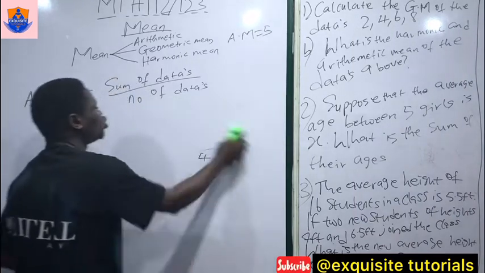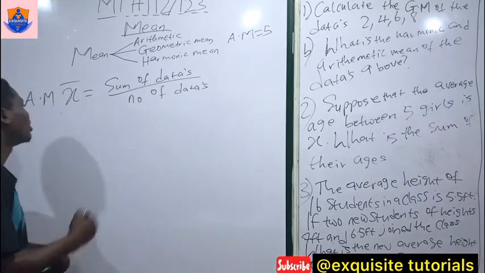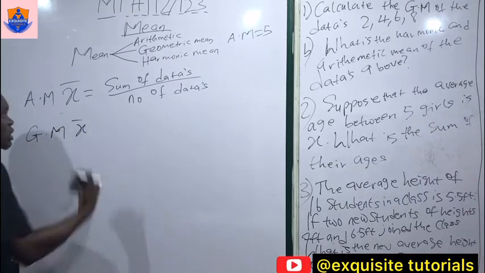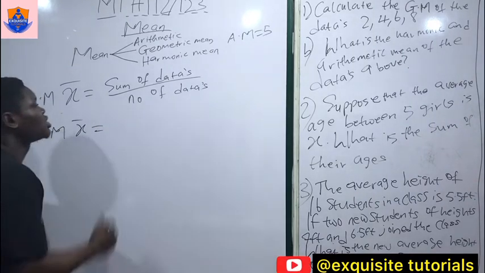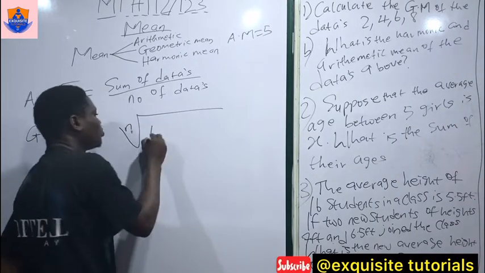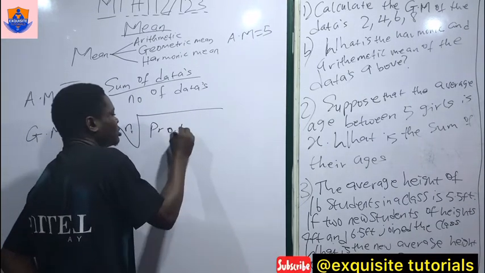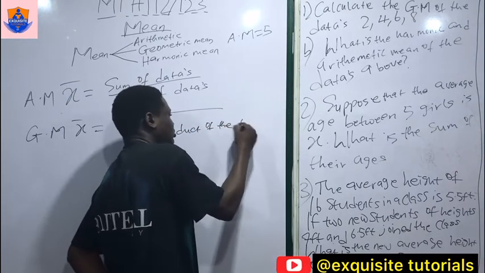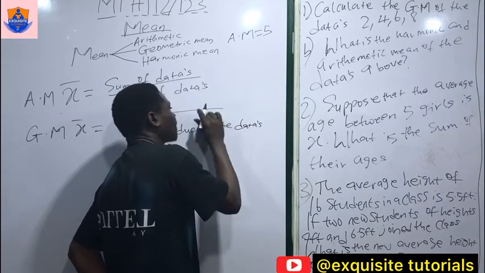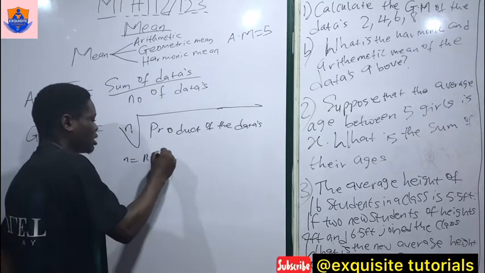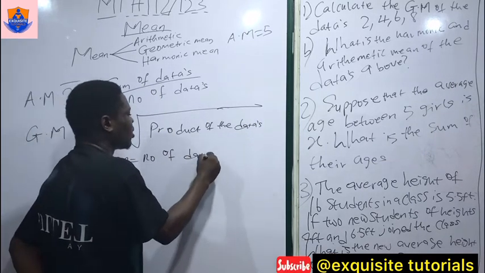Now, what about the geometric mean? Geometric mean, let me represent it as x bar 2, is given by the nth root of the product of the data, where n is the number of data.